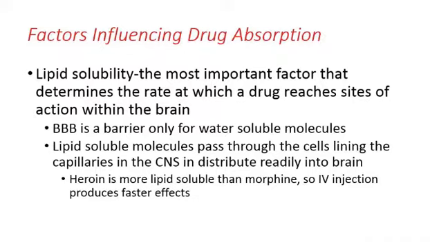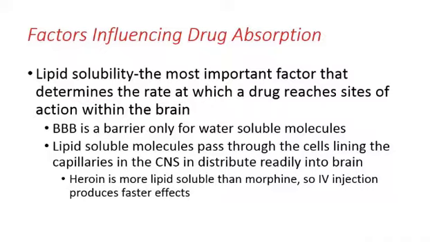The blood-brain barrier, we have to keep in mind, is only a barrier for water-soluble molecules. Lipid-soluble molecules are able to cross the blood-brain barrier very easily because the cells lining the capillaries in the central nervous system basically have an outside lipid layer, and lipids love to go right through that.